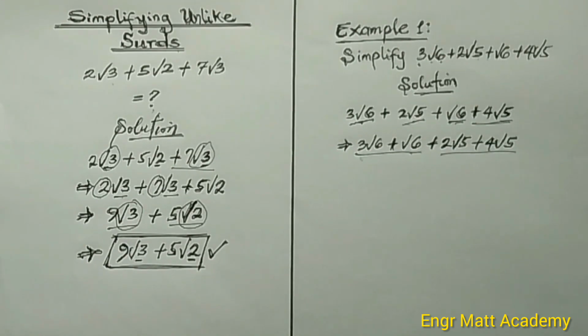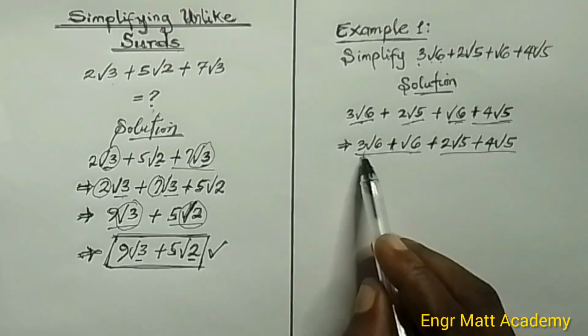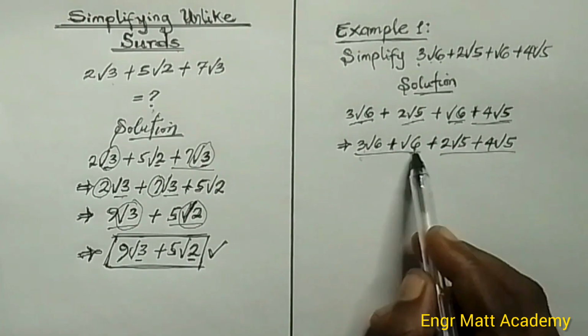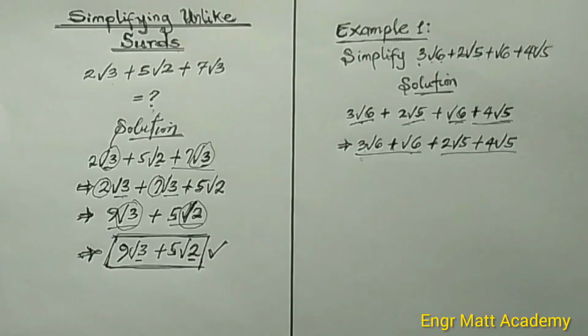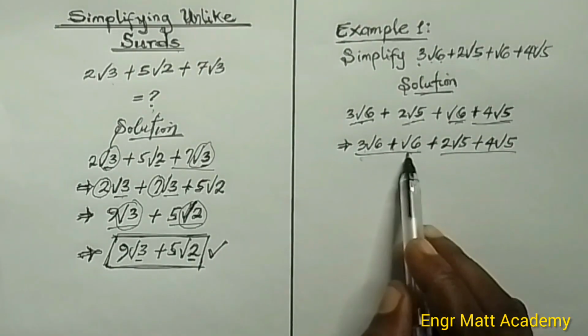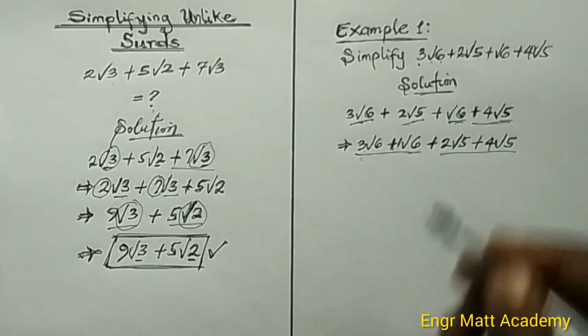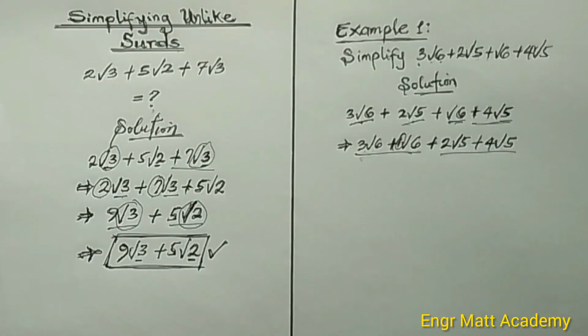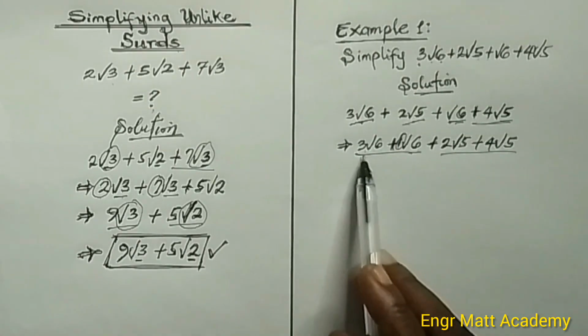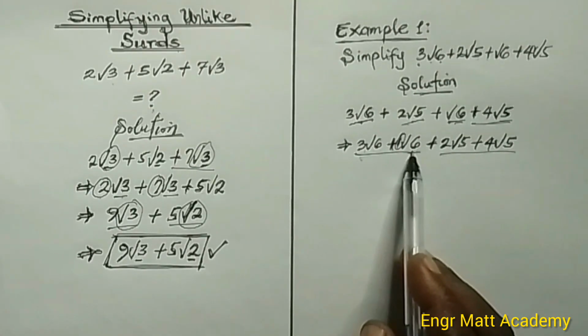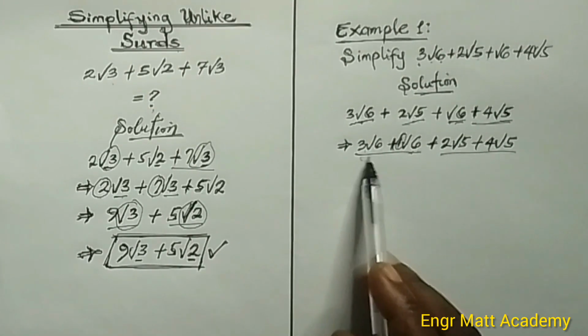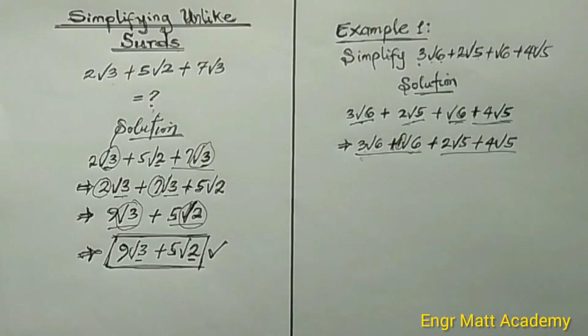Now what do we do? We add them up. Here we have 3 root 6, but here we have 1 root 6. Take note that root 6 here is the same thing as saying 1 root 6, although we don't need to write 1. So 3 root 6 plus root 6 is like saying 3 root 6 plus 1 root 6.